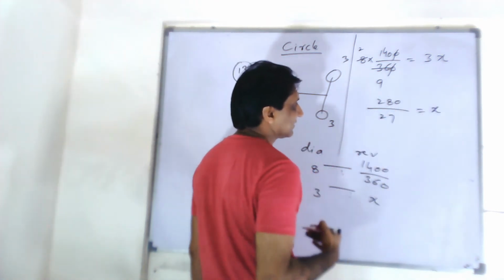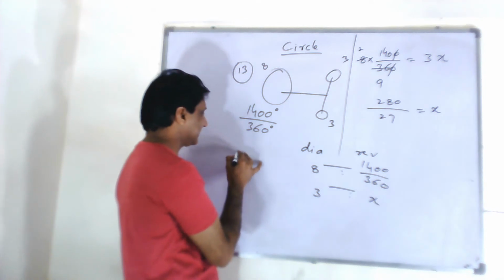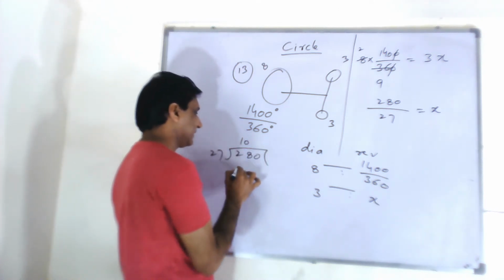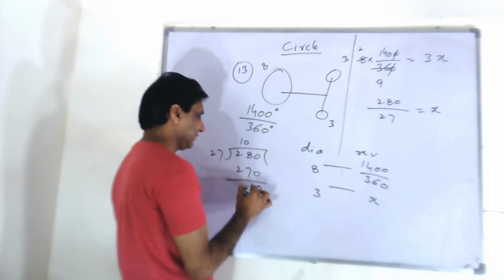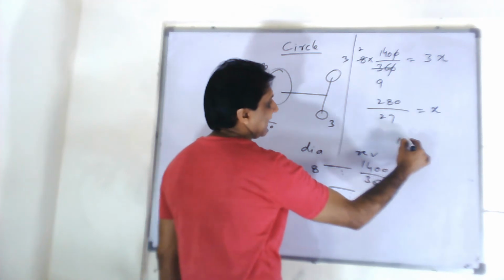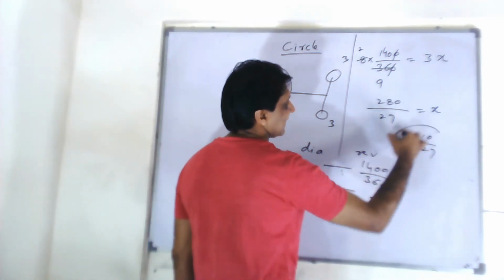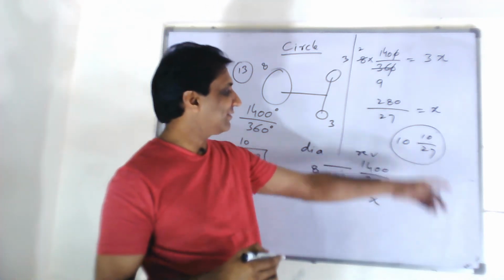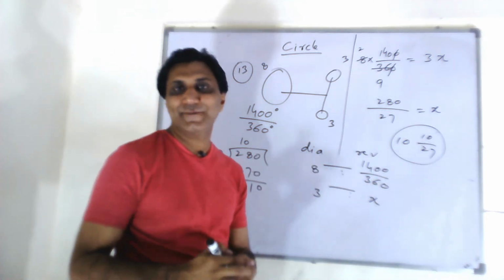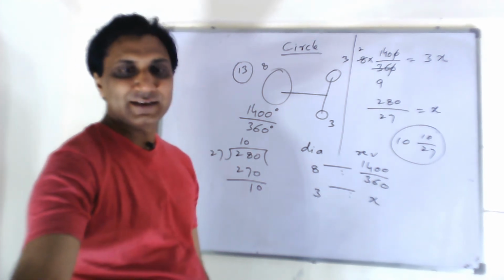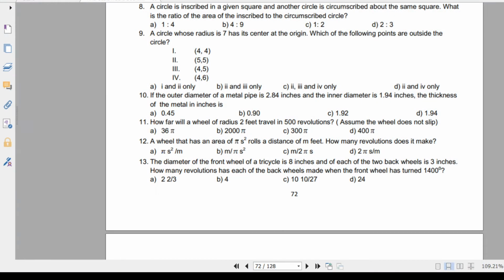This is x. 280 divided by 27, 27 tens are 270. So 10 over 27. The wheel has made 10 revolutions and the 11th revolution is in progress. So the answer to question number 13 is 10 over 27. It's C.